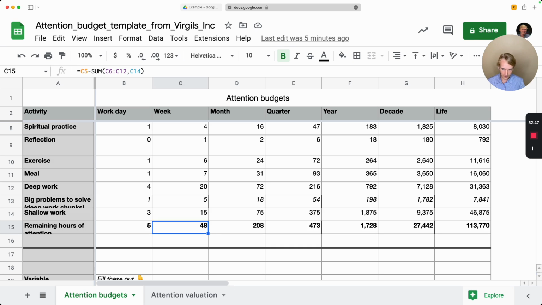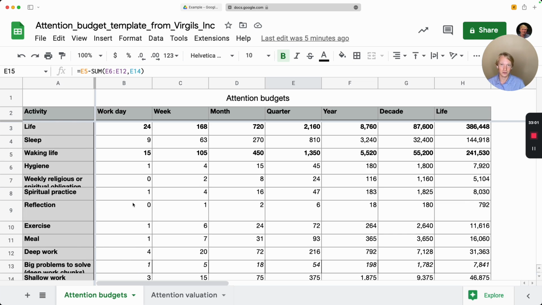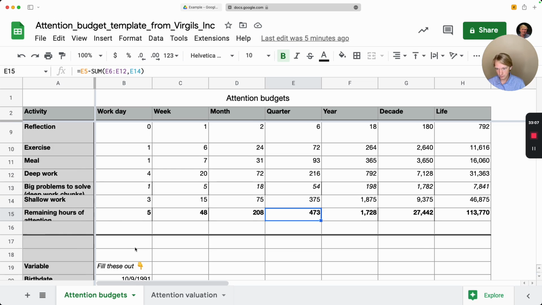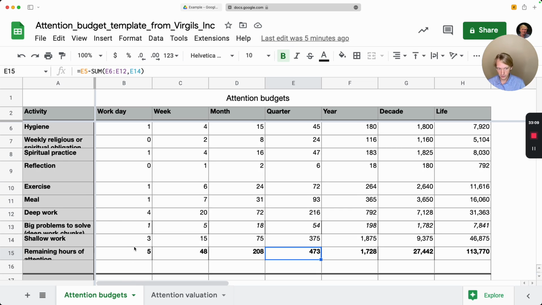In a given week, the same thing, 40 hours, and then of course month, quarter, year, etc. Again, it's this paradox of it being quite a bit, but also not that much. These are the constraints that you face depending on what you put in these variables. So choose wisely.